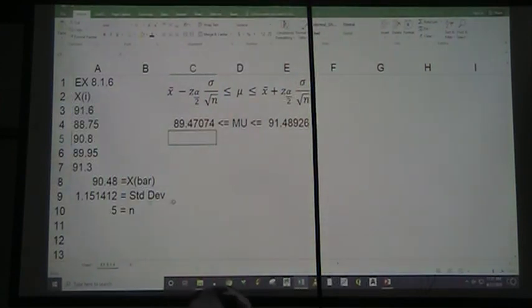Now, one thing to keep in mind, our mean here is only based on 5 numbers. There are circumstances in which that is a perfectly viable way of doing things, but it has what we call low statistical power.